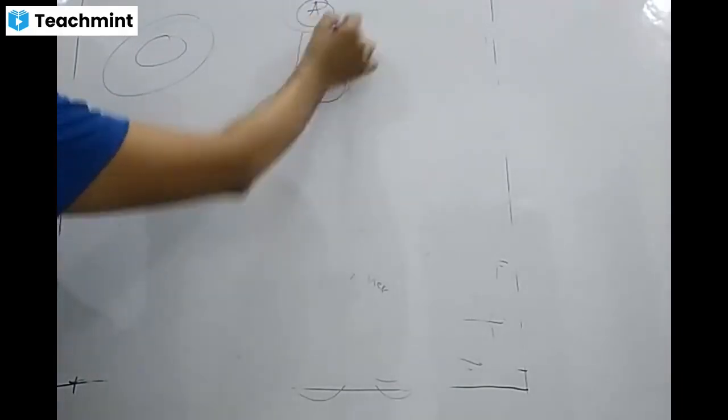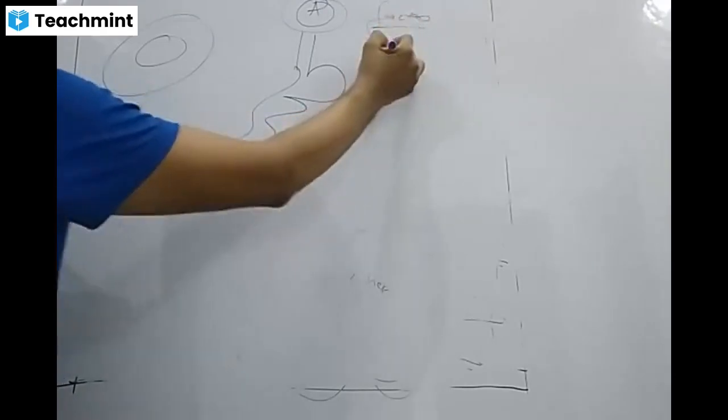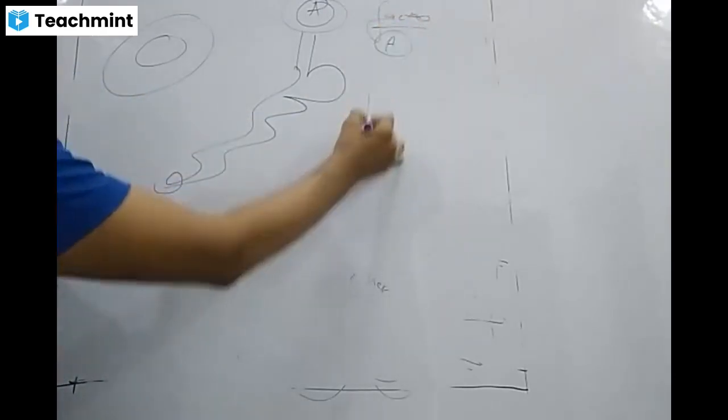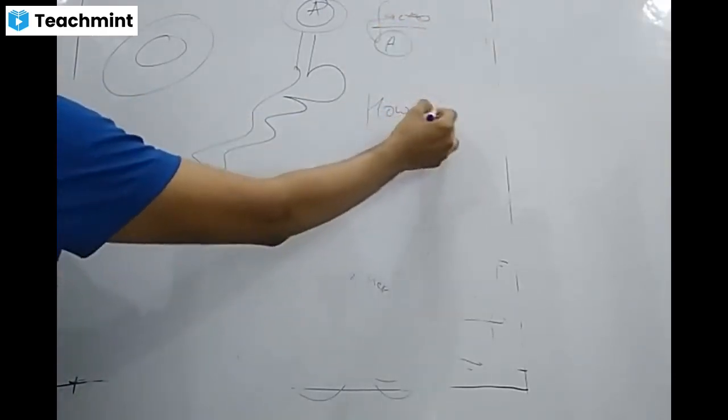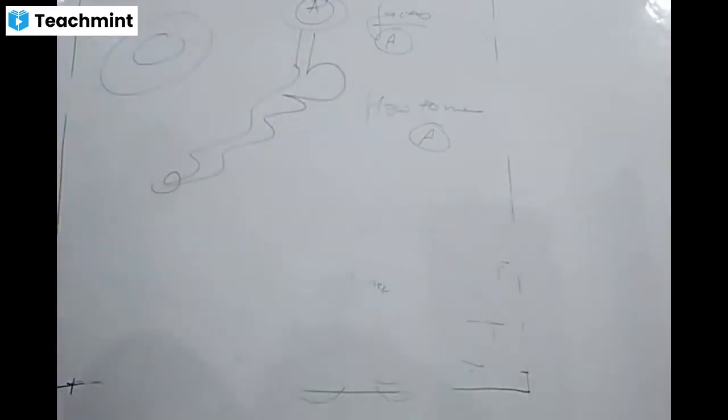We have studied what is absorption. Second, the factors affecting this absorption. And third, how to measure this absorption or determinant of absorption. These were the three topics related with the absorption.